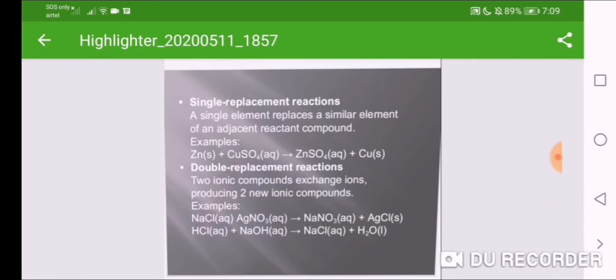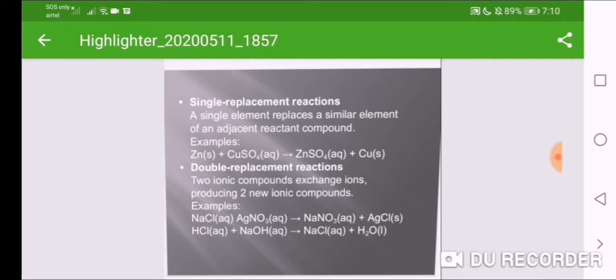In this slide, single replacement reaction and double replacement reaction are discussed. In a single replacement reaction, one element replaces another ion or another element from a compound.